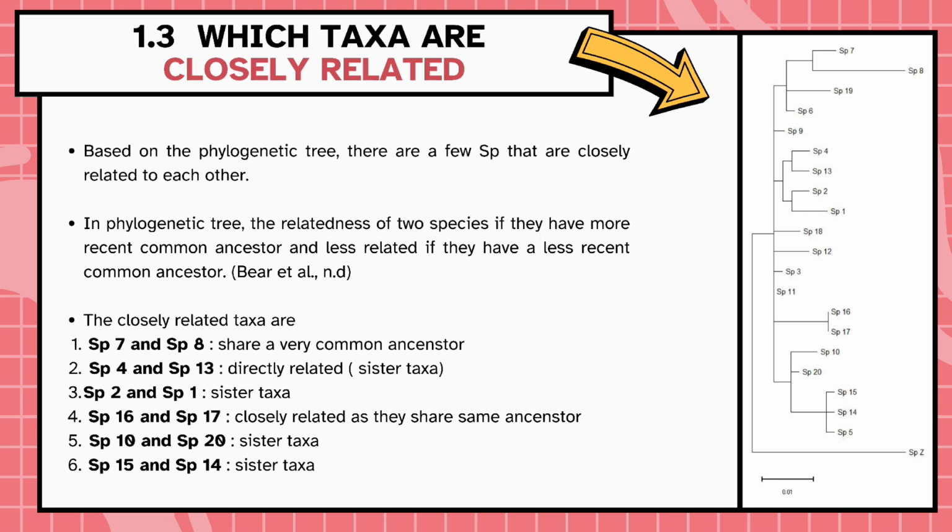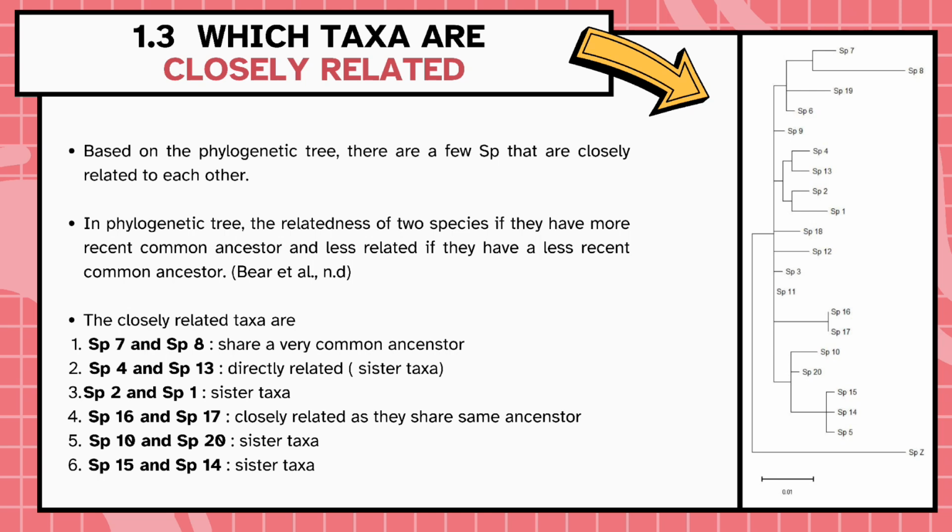For question 1.3, which taxa are closely related? Based on the phylogenetic tree, there are few species that are closely related to each other. In a phylogenetic tree, two species are more closely related if they have a more recent common ancestor and less related if they have a less recent common ancestor.